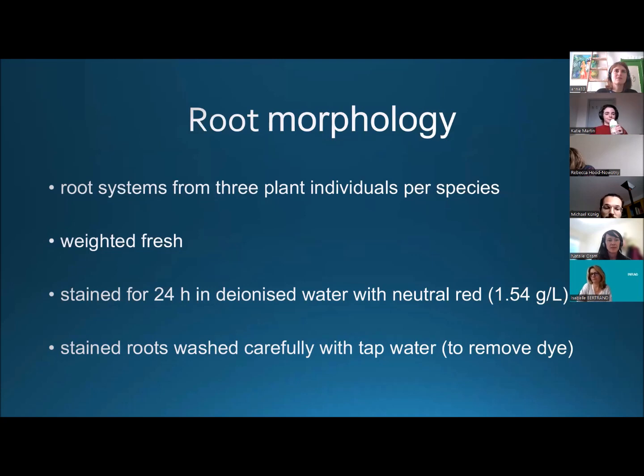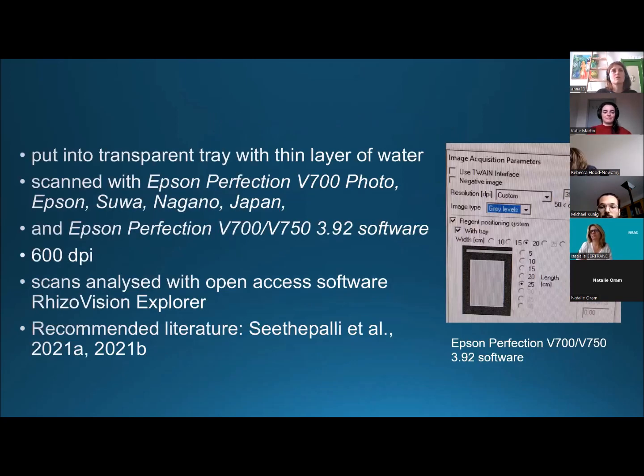We weighed them fresh and stained them in deionized water with neutral red. Then we washed them to remove the additional color. And then we used a normal, typical scanner. It was the Epson Perfection V700, but of course any other scanner is also fine.